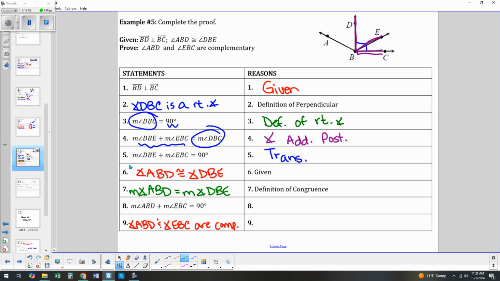I saw that in step 5, but instead of writing DBE, I've written ABD, so I've replaced it with something that it's equal to. So doing that is using the substitution property. Almost said the wrong thing. And then my last step is calling those two angles complementary. We're calling them complementary because they added to 90. That is the definition of complementary.